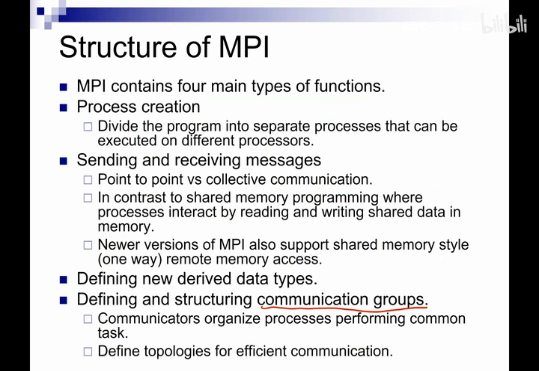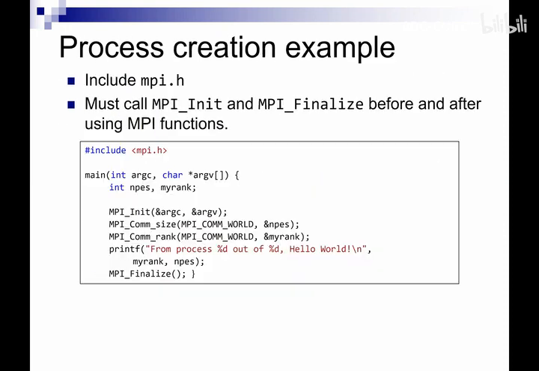Now when MPI starts up, by default MPI will build you a default communicator, and that's going to consist of all of the processes that you started your MPI program with. So if you start the program with, let's say, 8 processes, then your default communicator is going to have those 8 processes in it. And the default communicator is going to be called MPI comm world.